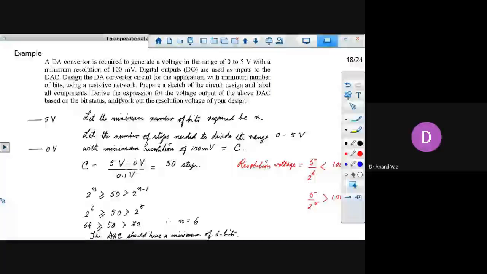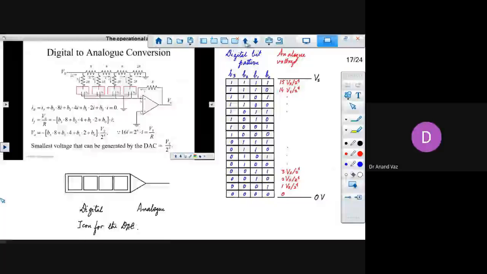But of course, the next part also: derive the expression for the voltage output of the above DAC based on the bit status. That means in terms of B0, B1, B2, which are the bits. So in terms of this bit status, B0, B1, B2, B3 and so on, you have to derive this expression.